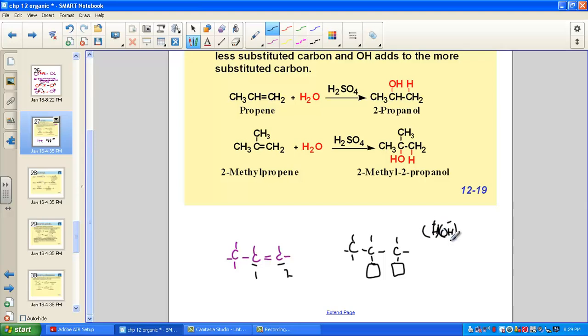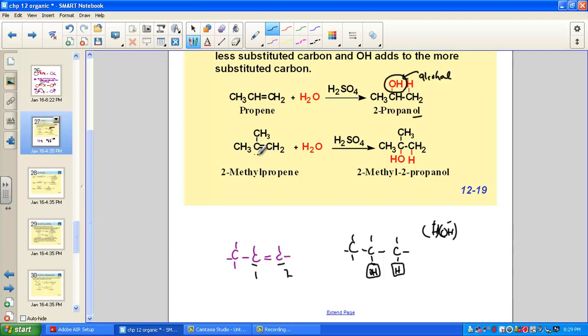Think of those as H plus and OH negative. Hydrogen adds to the carbon with more hydrogen, and the hydroxide adds to the carbon with the less hydrogen. We result with 2-propanol. And again, that's going to be a future chapter, but we see at the very beginning of our journey that OH is the alcohol functional group in chemistry, and we'll learn that it ends in OL. At carbon number 2, there's an alcohol functional group, 2-propanol.